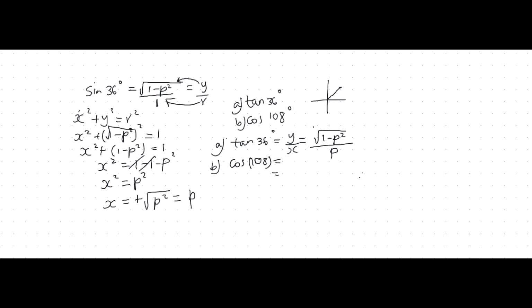So it's cos of 180 minus 72 degrees, which is 108. We can use the reduction, and this is the second quadrant. Cos in the second quadrant is negative. So you're going to have minus cos 72 degrees.